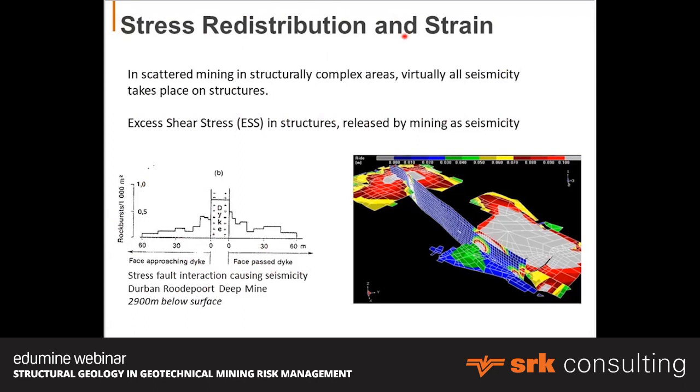It's been stated that in scattered mining in structurally complex areas, virtually all seismicity takes place on structures. That's the natural place for the deformation to occur, along pre-existing weaknesses, so they tend to be one of the dominant controls on seismicity.